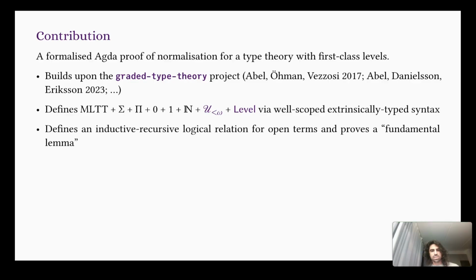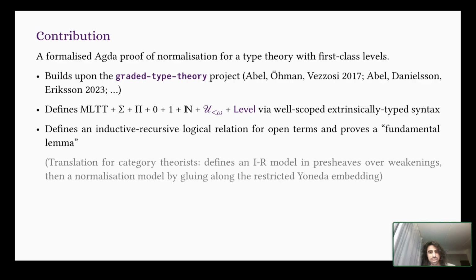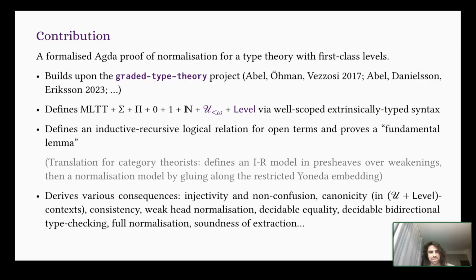So we define an inductive recursive logical relation for open terms and prove a fundamental lemma. If you're a type theorist, this should sound familiar. If you're a category theorist, here's a translation. So we define an inductive recursive model in presheaves over weakenings, and then a normalization model from that by gluing along the restricted Yoneda embedding. If you're not a category theorist, just ignore that.